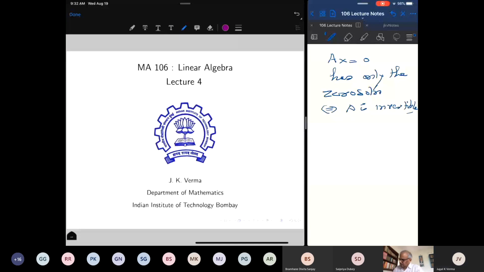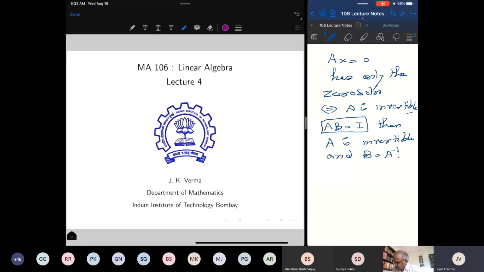Okay. And we also proved that if A times B equal to identity, then A is invertible, and B is the inverse of A. So we only need to check one condition, that A times B is identity, and the other condition, B times A equal to identity, will be automatically satisfied.